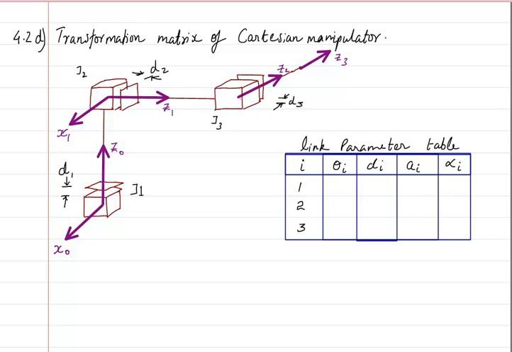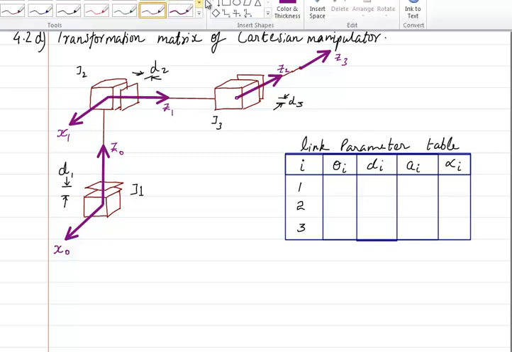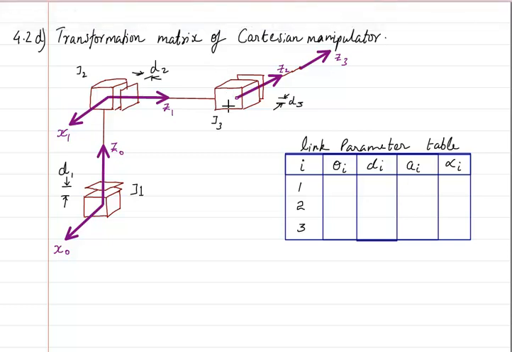Next, for frame 2, the x2 axis. As we can see, Z1 is going in this direction and Z2 in this direction, so both of them are intersecting at this point. When they intersect, I have to draw the x-axis in a direction perpendicular to the Z1 and Z2 plane. I can draw it on top, or even in the bottom direction.